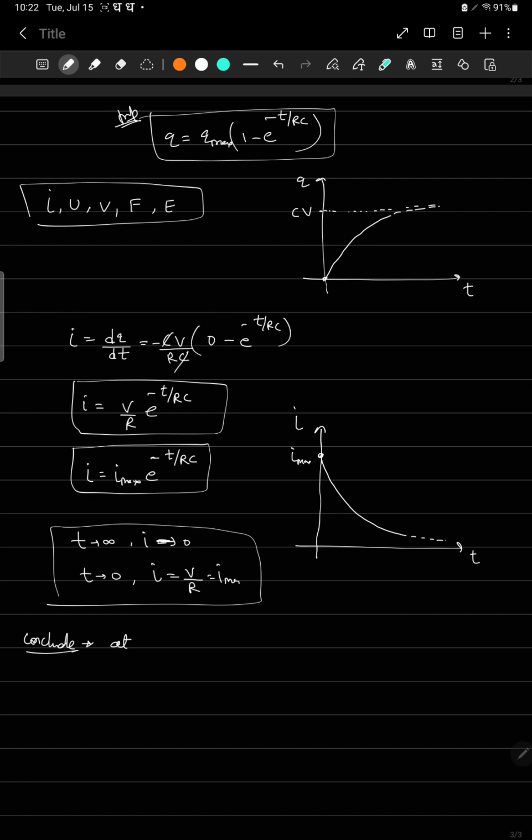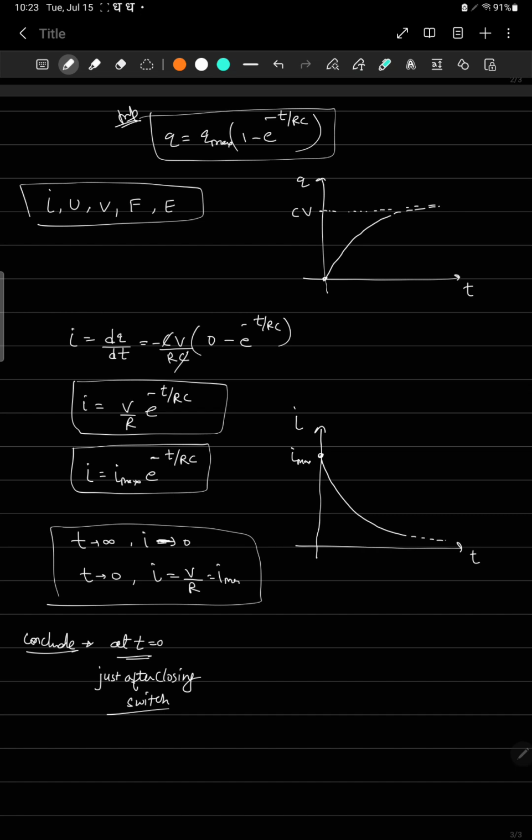At t equal to 0, sometimes in the question they mention t equal to 0, and sometimes they mention just after closing the switch. This is the time when the switch is just closed.